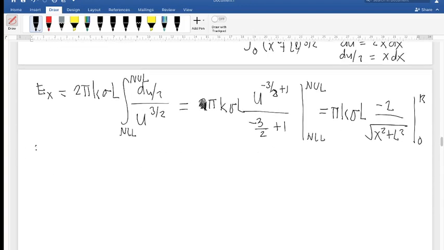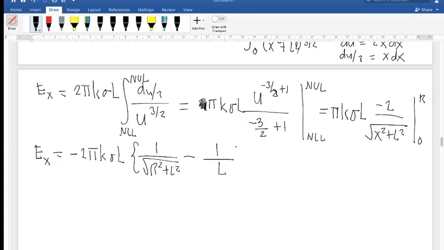Okay, so Ex is actually equal to negative 2 pi k sigma L. So we have to evaluate this expression. So we have here 1 over the square root of r squared plus L squared minus 1 over, so si x mo is 0, so that is 1 over L lang.